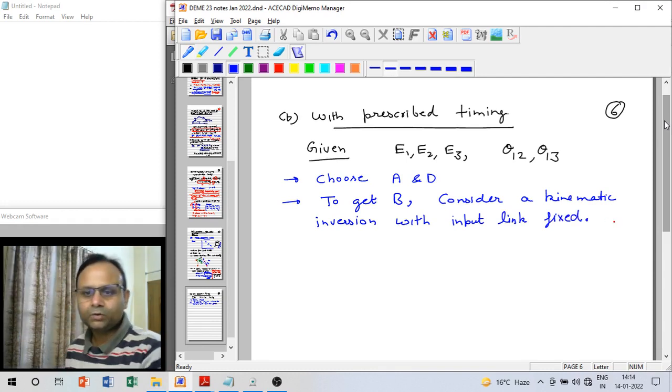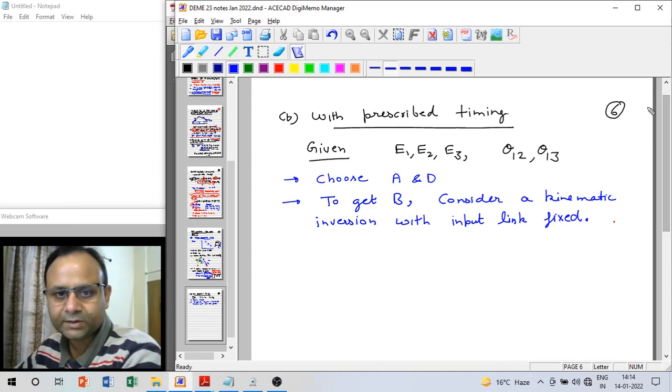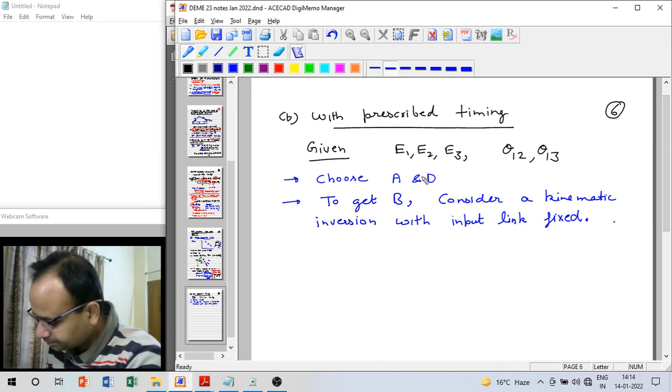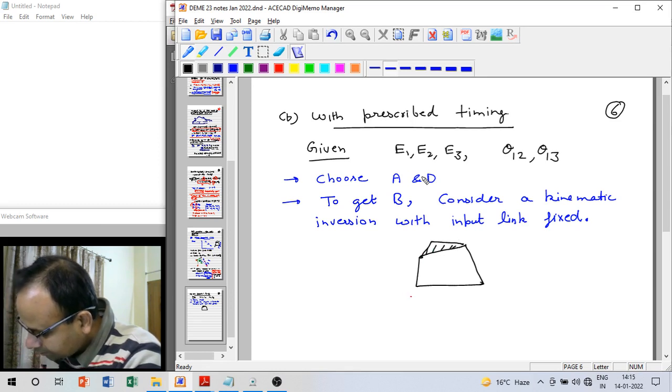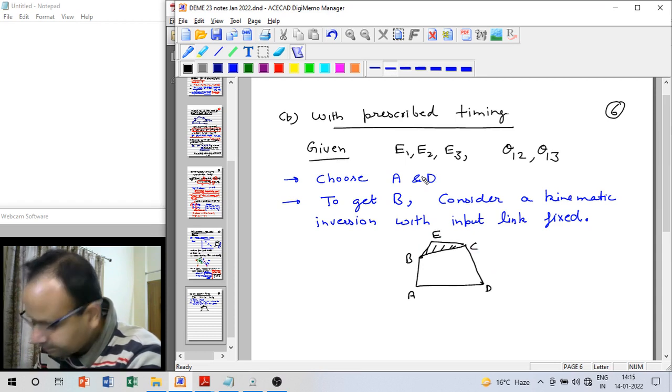With the input link fixed, that will give us point B. Let us see how. So again, let us first just draw, say this is point A, B, C, D, and this is the point E.